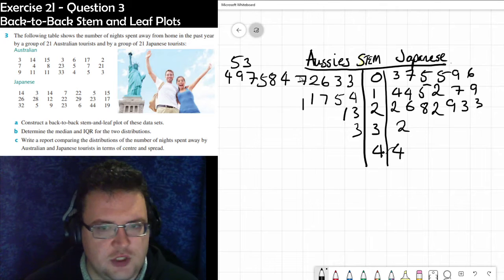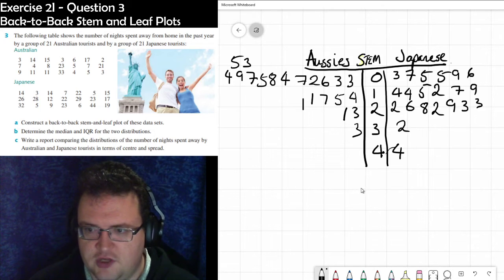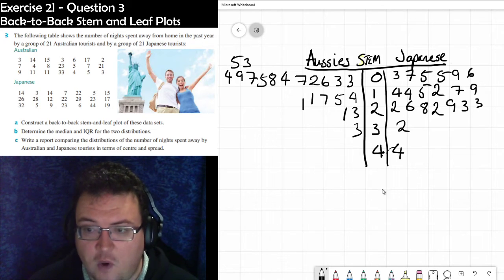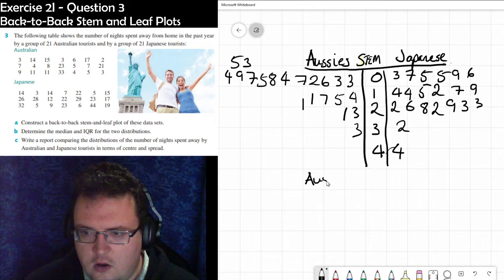So now what you would do is go through each of these groups and sort them out. What I would generally do is start a second one. You might want to just erase yours, whatever works for you. So again, Oz, the stem, and then the Japanese.